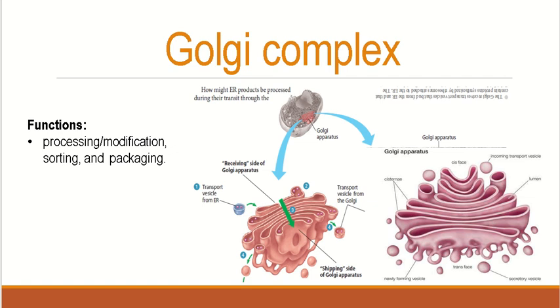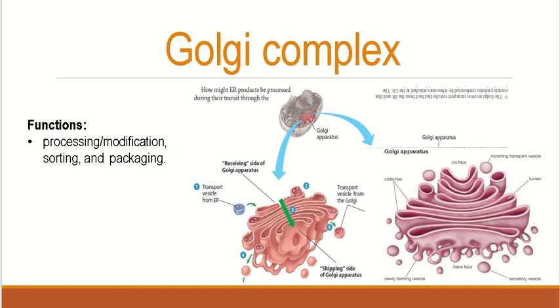So this is a trans face, this is another trans face of a cisternae, this is another trans face of a cisternae. So they all occur per stack. Now, according to research, this suits the organelle's biological activity and overall cell function.